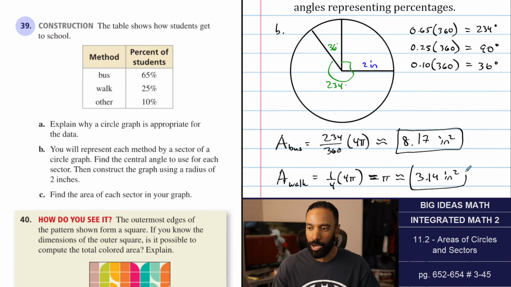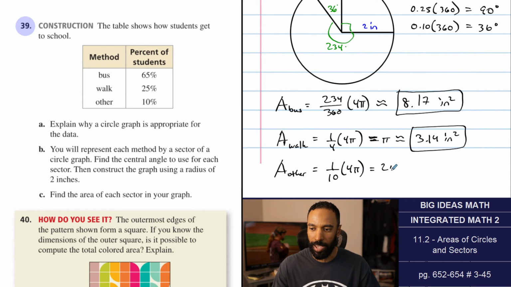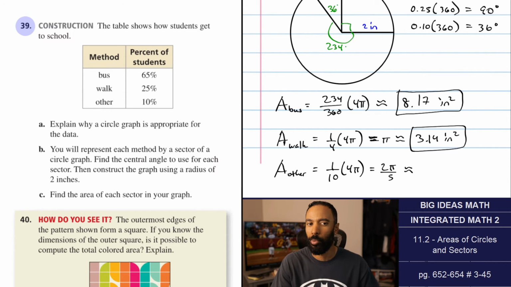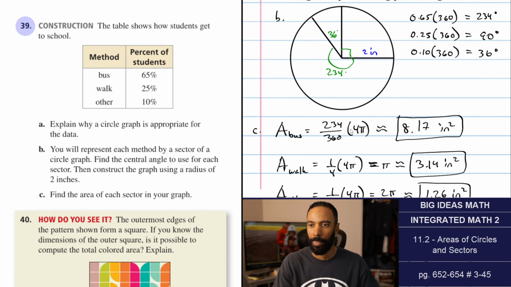And then the area of the other crowd is 1/10, 36 out of 360. 1/10 of 4 pi is 2 pi over 5, which is about, we'll let the calculator do that, 1.26 square inches. That is part C. Part B, part A. Okay.